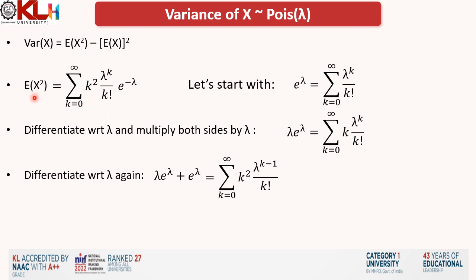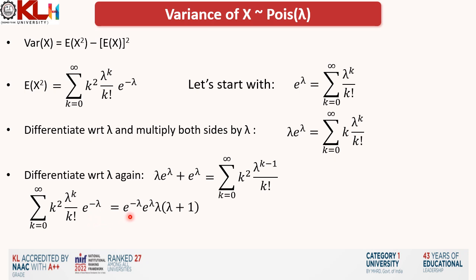So now we can write the expectation of x square as this term, lambda e to the power lambda plus e to the power lambda, and the remaining term is e to the power minus lambda here.